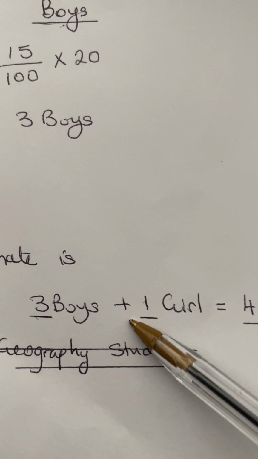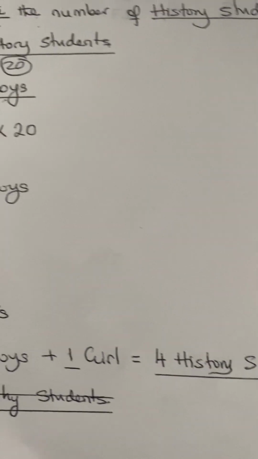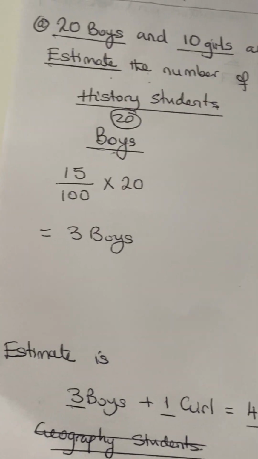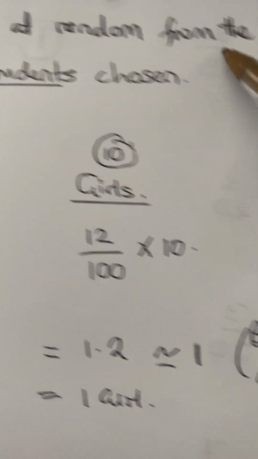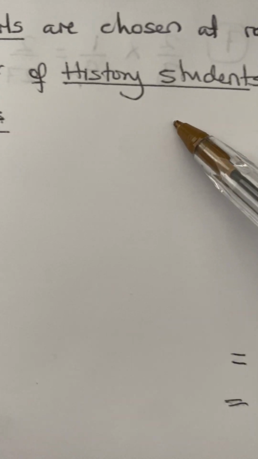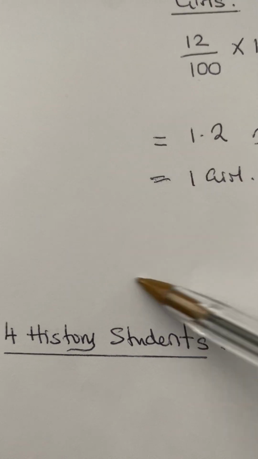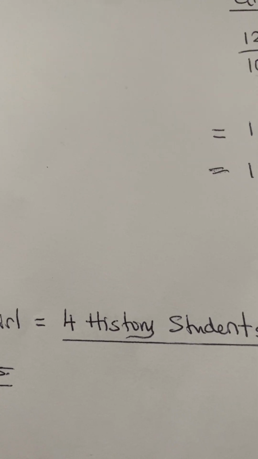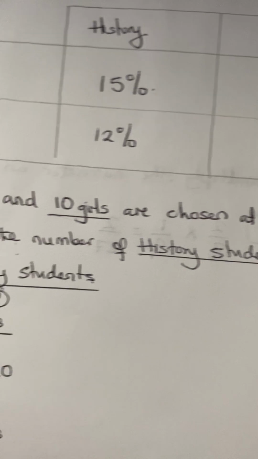So 3 boys plus 1 girl. So I have 4 history students. So if they choose 20 boys and 10 girls at random from the school, my estimation would be that 4 of them are history students, by the information given in the table.